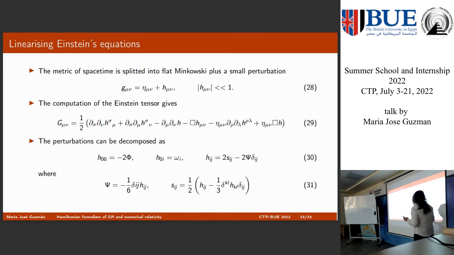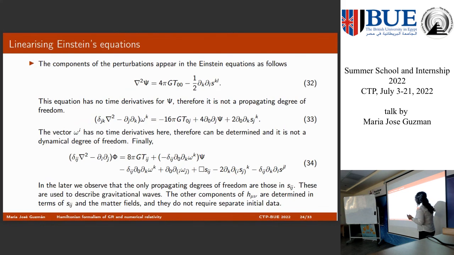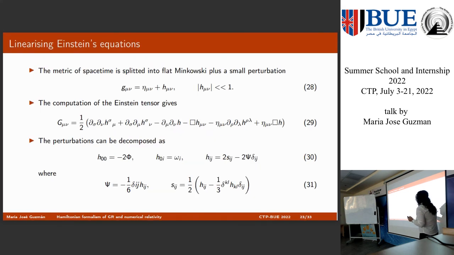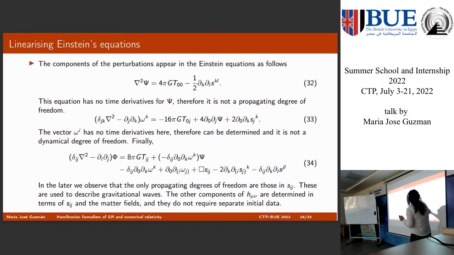And you will make this decomposition, you will replace this decomposition in the Einstein tensor, and as you saw, this Einstein tensor you just equate to matter, yeah? And then if you replace this in the Einstein tensor, you also have to decompose the energy momentum tensor in its components here, 0, 0 component, 0, j component, and ij component.